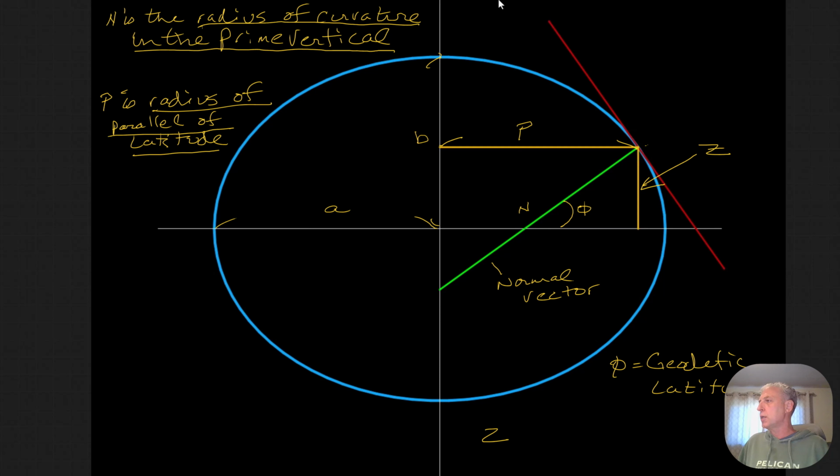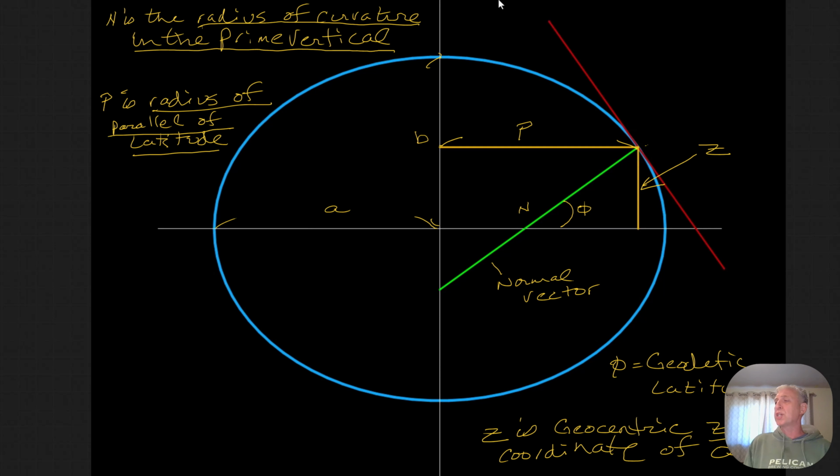So z is the geocentric z coordinate, which is kind of redundant, I know, of a point Q. We're just calling Q right here.